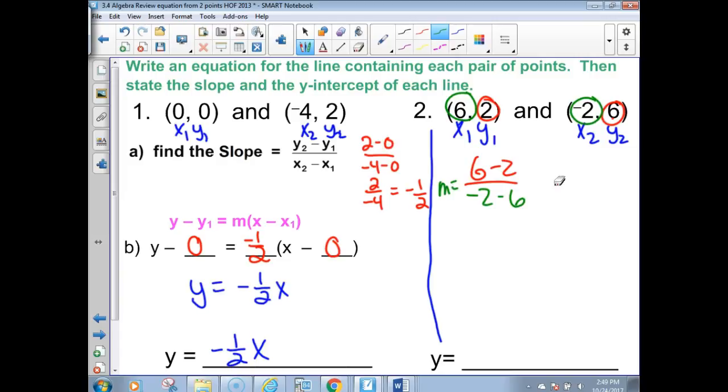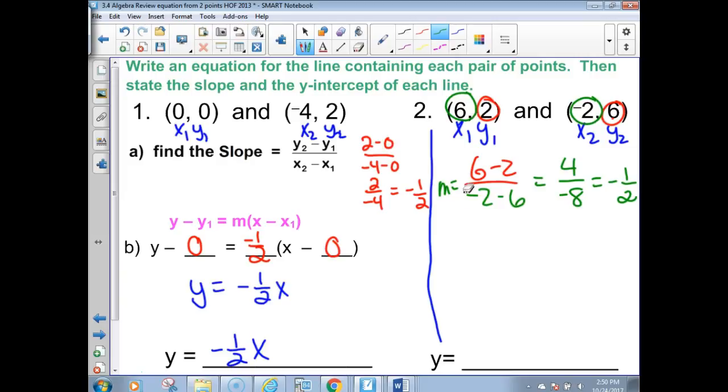This is our slope. 6 minus 2 is 4. Negative 2 minus 6 is negative 8. This reduces to negative 1/2. We got the same slope as the last problem. What would that mean about these lines? They would be parallel if we graph them.